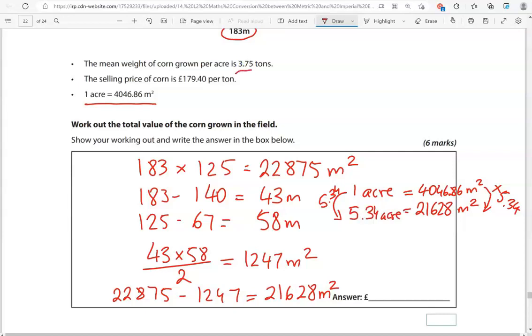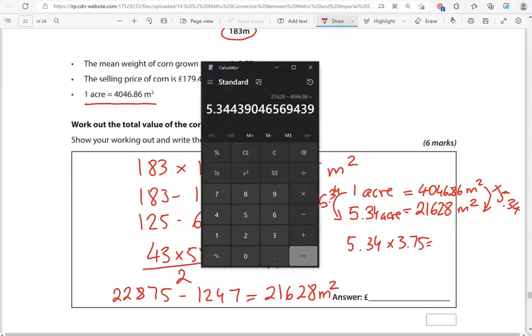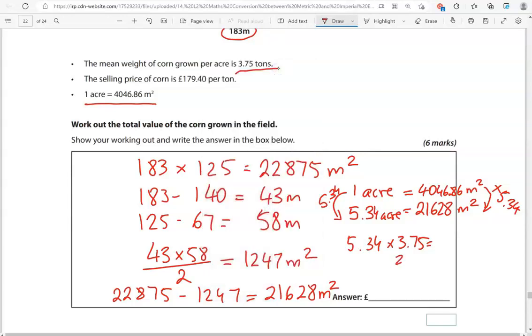So we've got 3.75 tons of corn per acre. If I multiply that by 5.34 acre, it should give me the number of tons of corn, which is 20.025. That's tons.